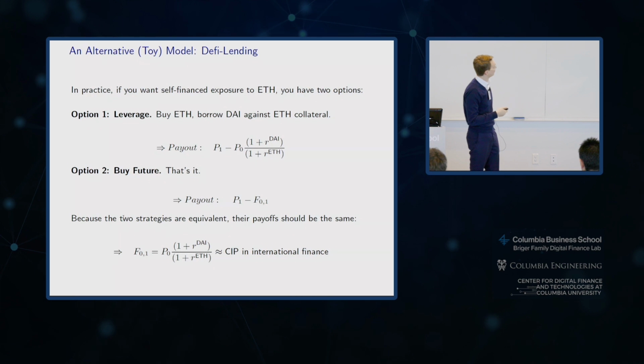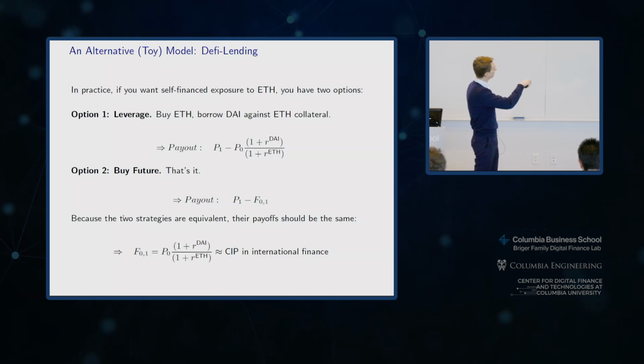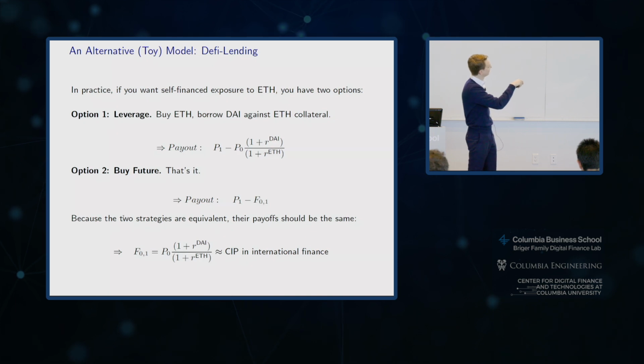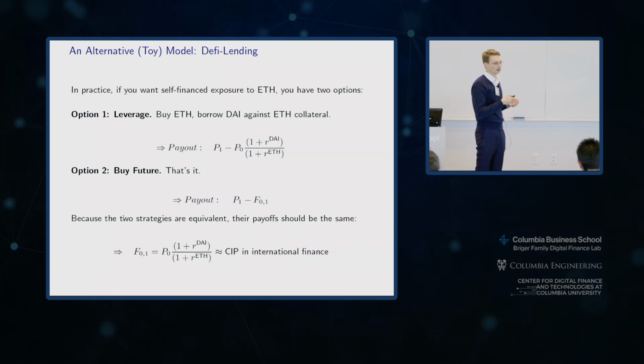Or what you can do as well, you can just buy futures, and that's it in this case. If you buy the futures, then the payout is going to be the difference between the price of the asset at time 1 minus how much you paid for the futures at time 0. Because the two strategies have to be equivalent, we need this parity to hold, where the payouts have to be equal.